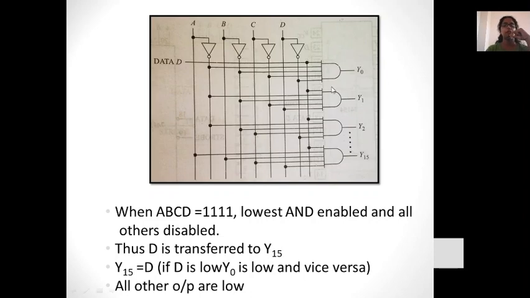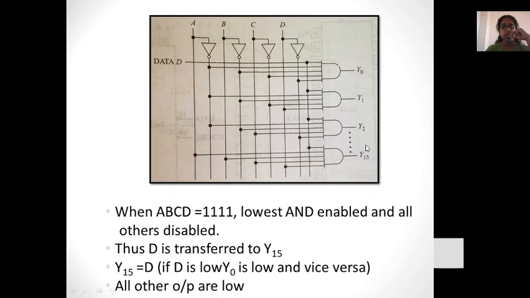And if our ABCD is now changed to 1, 1, 1, 1, what is happening? The lowest AND gate is enabled and all the others are disabled. So the data D is transferred to Y15. That is the 16th AND gate. The output is Y15.